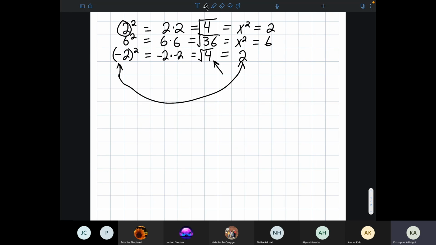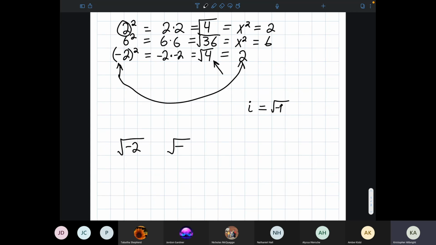If you try to plug in the square root of -2, or the square root of negative anything, into your calculator, you're going to get some kind of error that just says you can't do it. So what we do instead is we use i. And i is a complex number. And i equals the square root of -1.